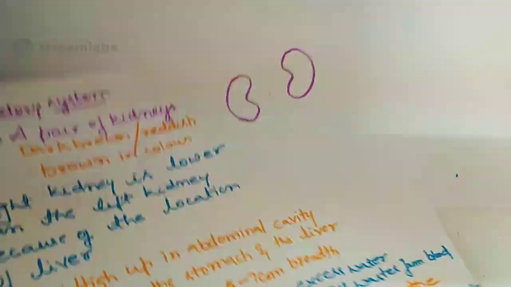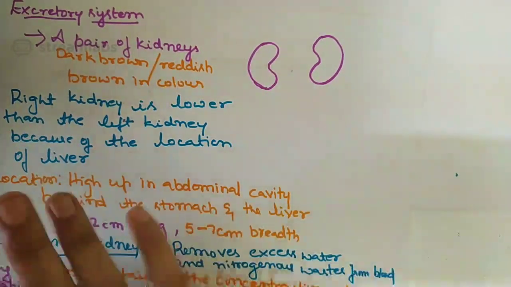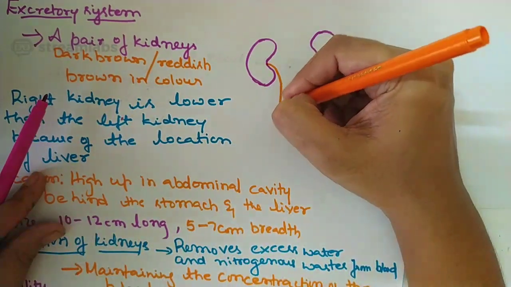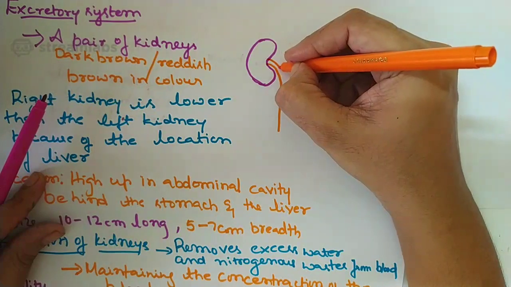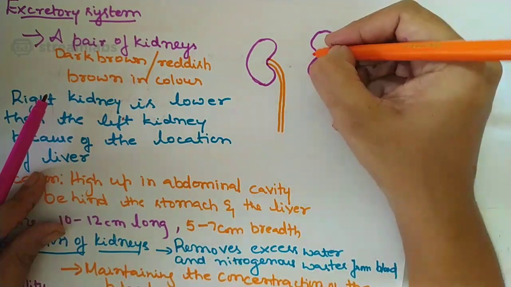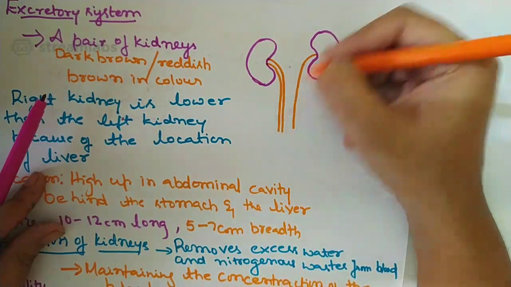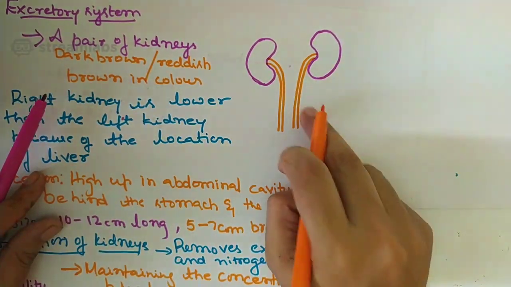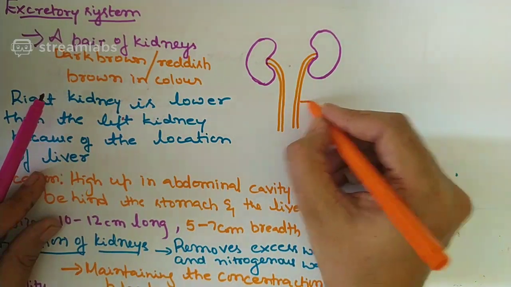Okay, so if this is a pair of kidney, a long muscular tube which develops from the kidney is called as ureter.